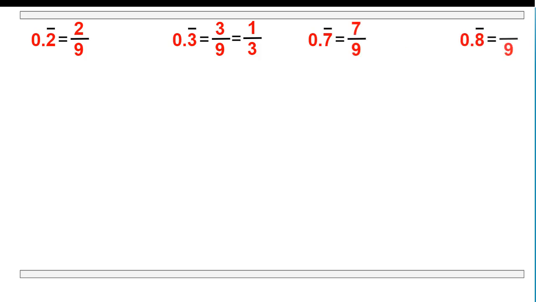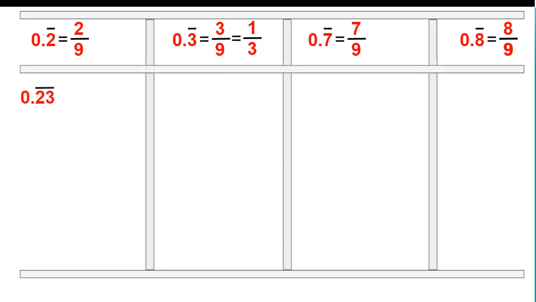And 0.8 becomes 8 over 9. This is for one digit, and it applies to all the one digits which are recurring. So 0.1, when the 1 is recurring, it's 1 over 9, and 0.4 is 4 over 9, etc.